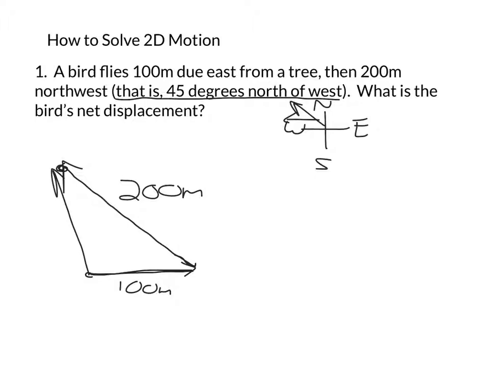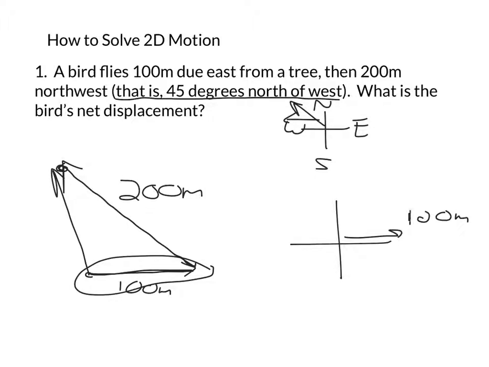Well, I want to resolve everything into an xy plane. And right now, this 100-meter vector is already in the xy plane, so he's easy. He's just 100 meters this way. The 200 meters, though, is going between. In fact, he's exactly at a 45. So the nice thing is his component vectors will be equal, but he has a component that's left and a component that's up.